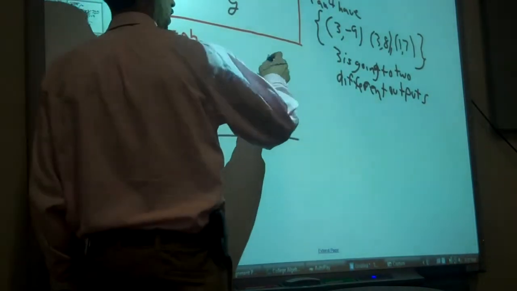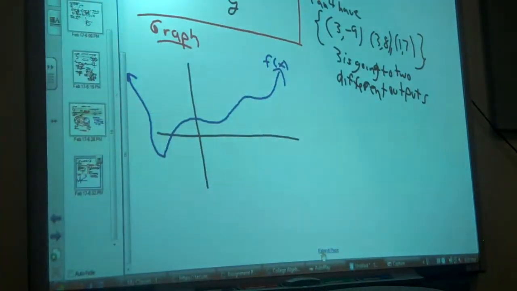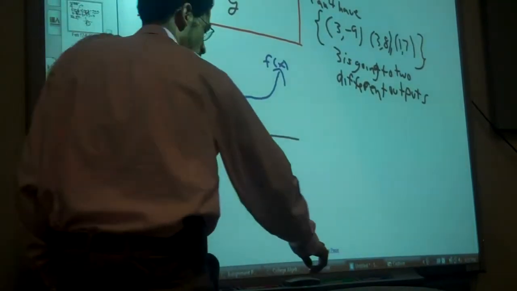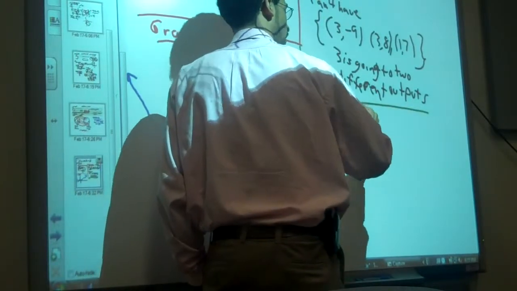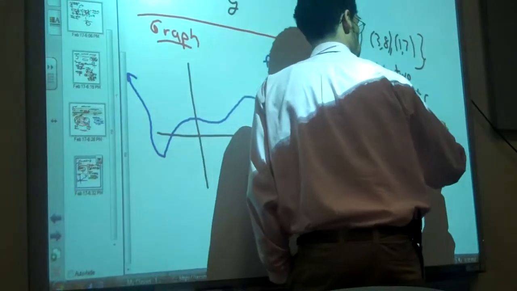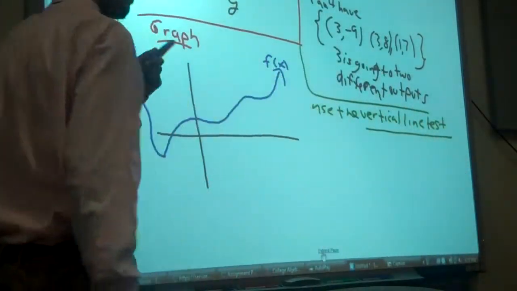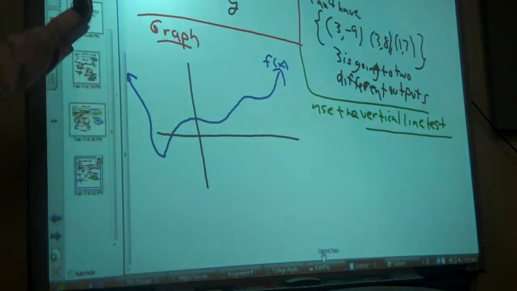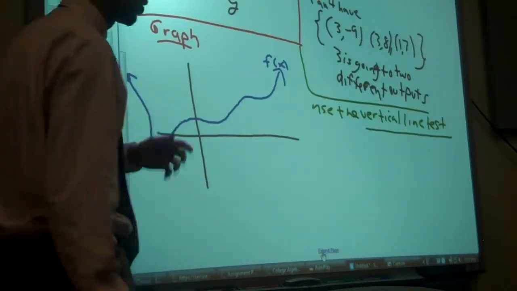Okay, some function f of x. Now the way you tell whether you have a function by looking at the graph is you use what's called the vertical line test. Every vertical line, which is isolating the x, can only touch your graph once and only once. That means it's only going to one y.